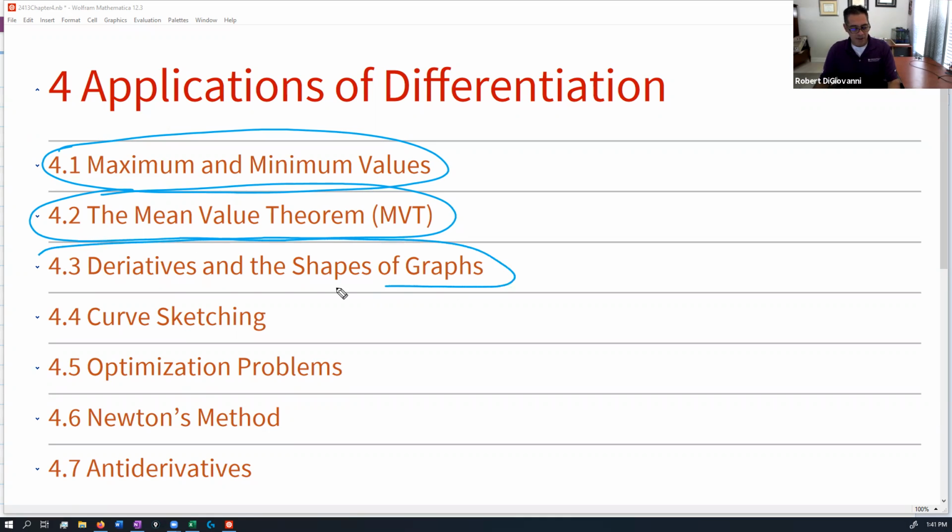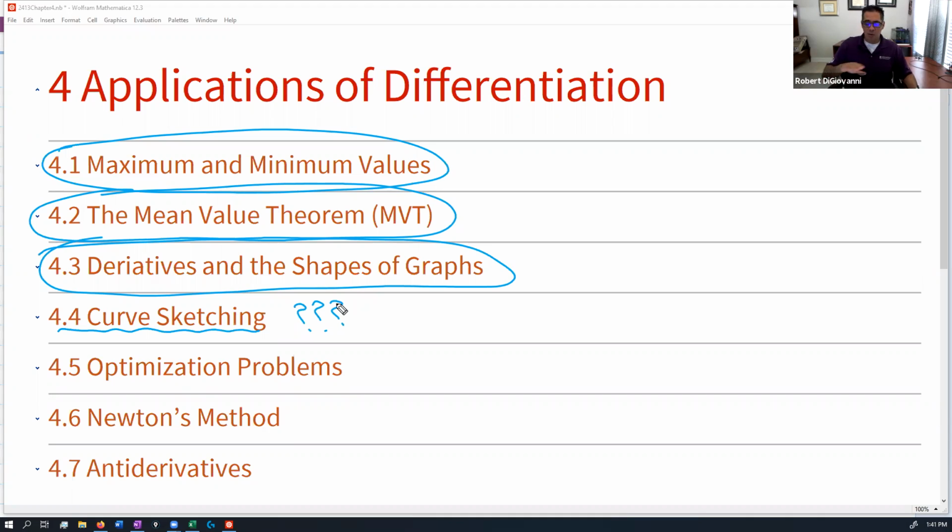Derivatives and shapes of graphs, absolutely, we have to cover that. Curve sketching, this one we don't absolutely have to do, all right? This section is about how we can use all the calculus that we've learned to draw a very accurate graph for a function by hand.